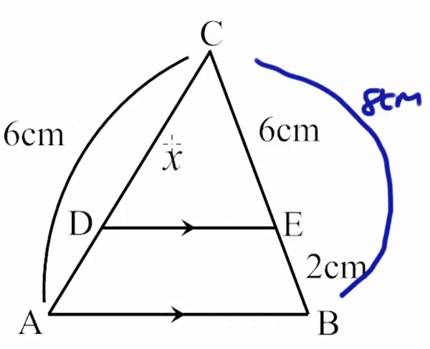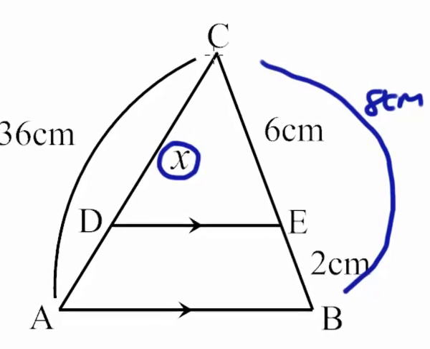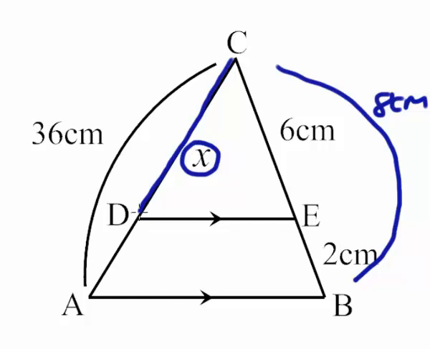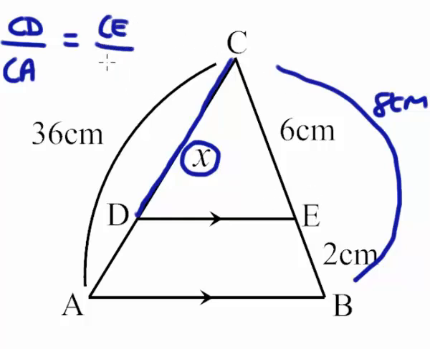So if you want to find x, that would be this side here. It's going to be CD, the x, divided by the whole of CA. Now follow the pattern. CD to CA is CE to CB. CD, the x, to the 36, is 6 to the 8.